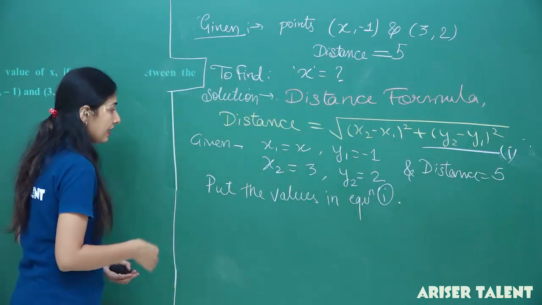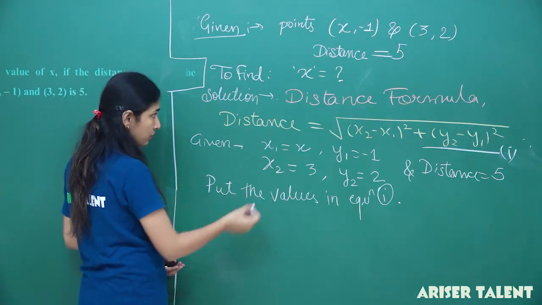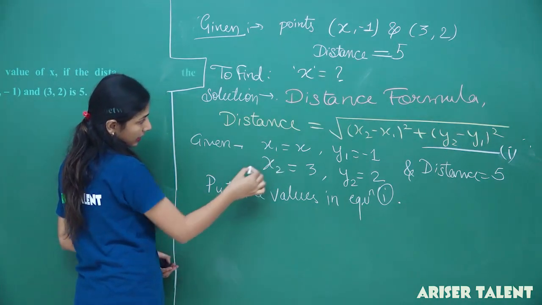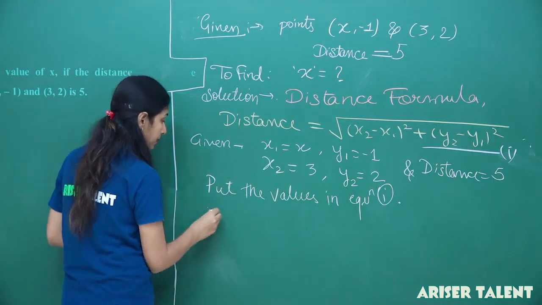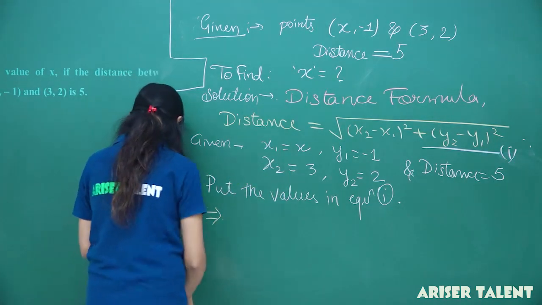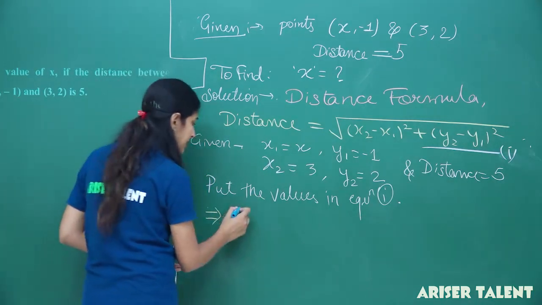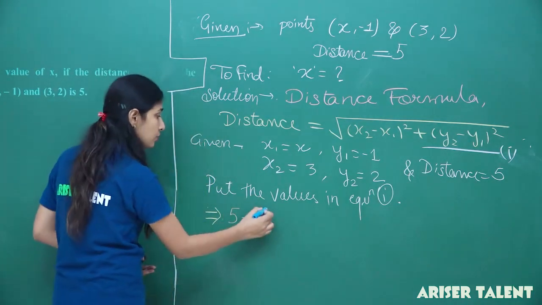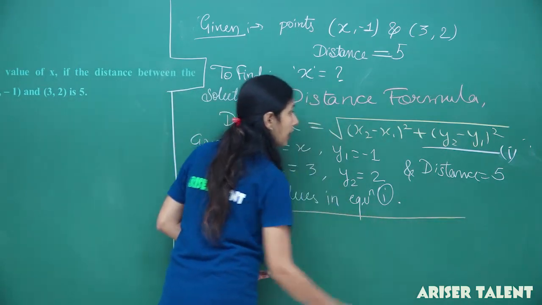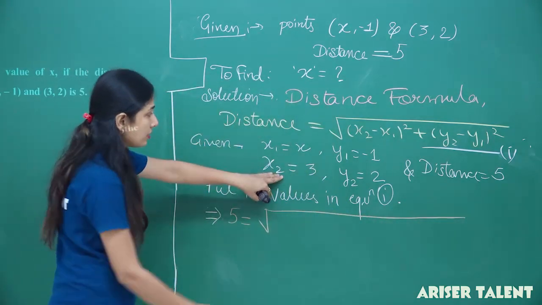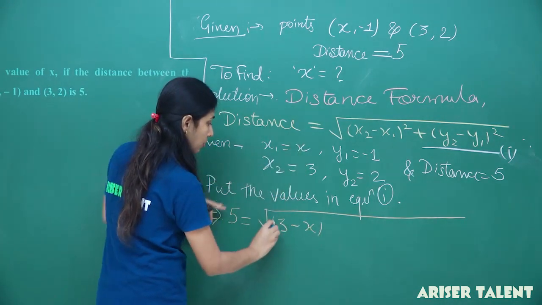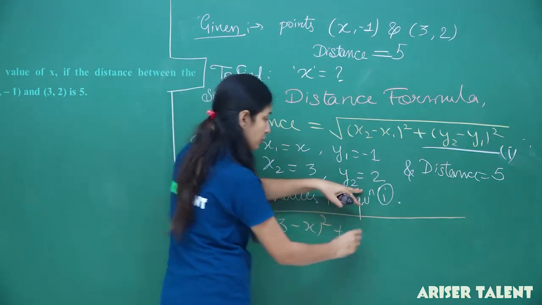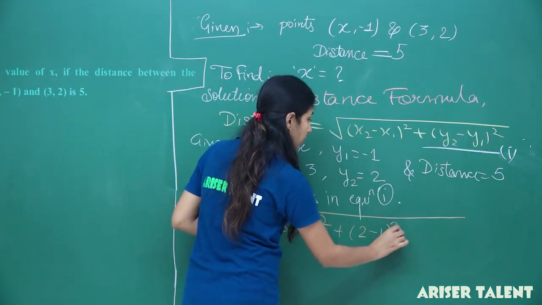So when we write the values of x2, x1, y2, y1 in the formula, that will be the distance, which is 5, equals root of x2 minus x1, where x2 is this, minus x1 is x, whole square, plus y2 minus y1 whole square.